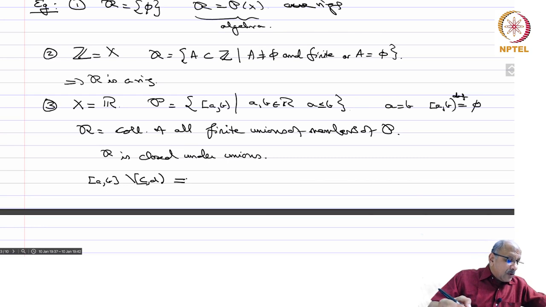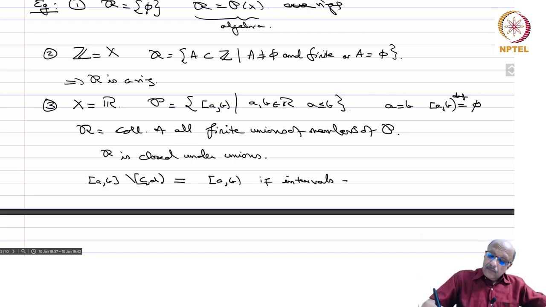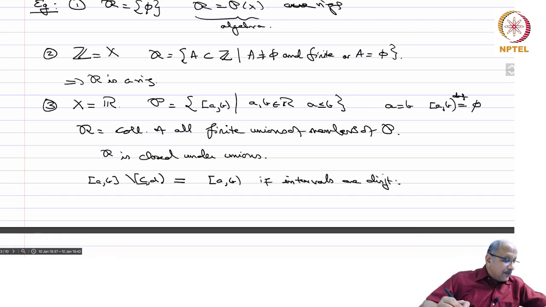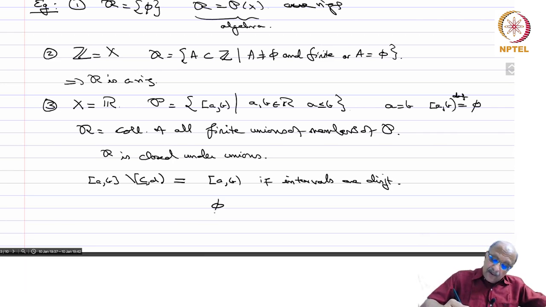This will be either [A,B) if the intervals are disjoint, and it is equal to the empty set if [A,B) is contained in [C,D).